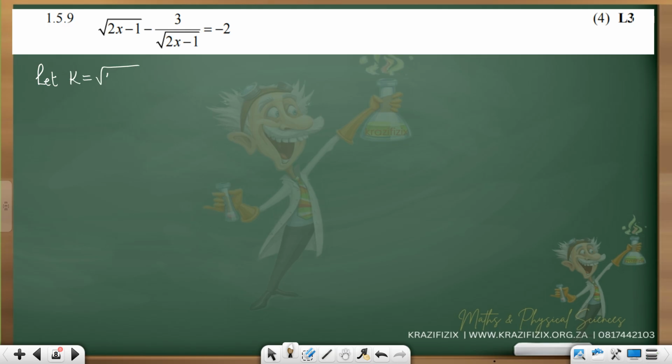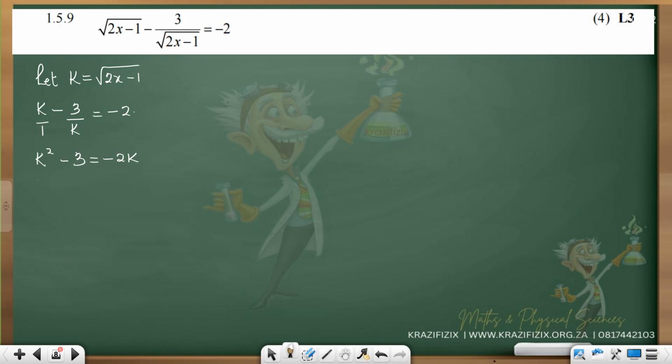Let K be equal to that. I'll have K because I see those brackets, those roots, are the same. Look at this, beautiful, I've just simplified its appearance. Now, can we multiply across by K? K times K is K squared. Multiply by K, this would be 3, and this is minus 2K.